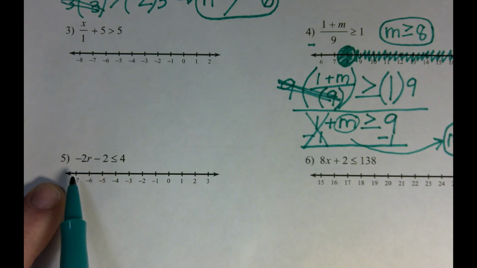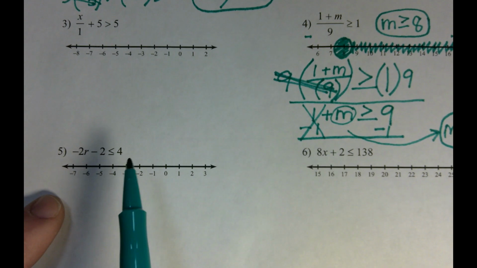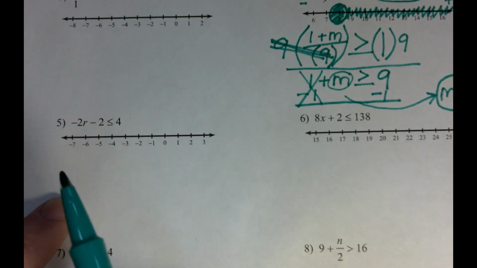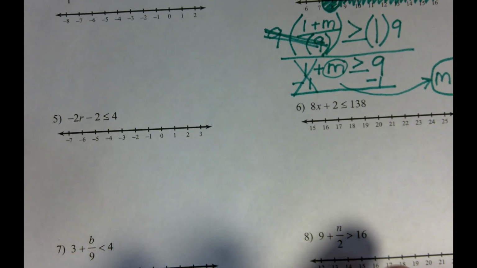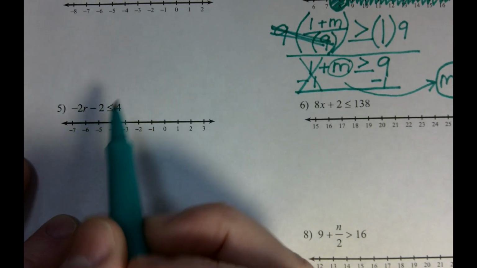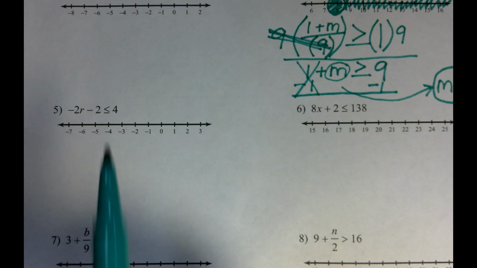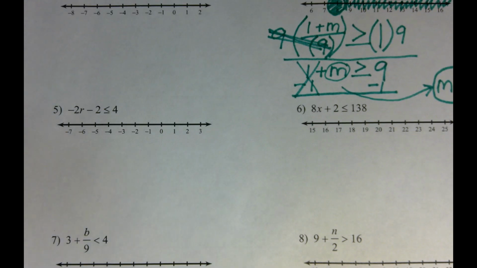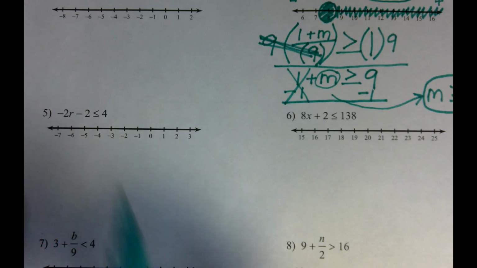Now, number 5 is different because we have not talked about this rule. And it's not a rule that I am going to heavily stress just yet, but it is good to be aware of it. Whenever we are solving inequalities, that's what these are, and we have to divide by a negative number at any point, here's what's going to happen to the sign.